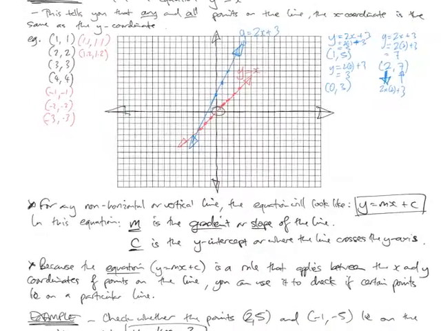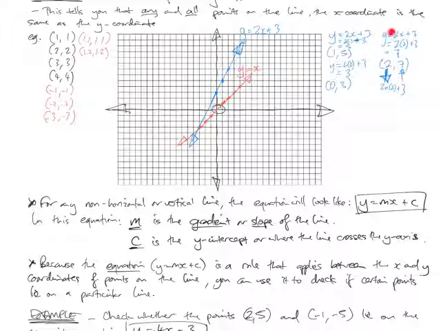So you can actually see that from this example here, y is equal to 2x plus 3, because just below I've told you y is equal to mx plus c. M is the slope or gradient, and c is the y-intercept. If y is equal to 2x plus 3, slope is equal to 2.